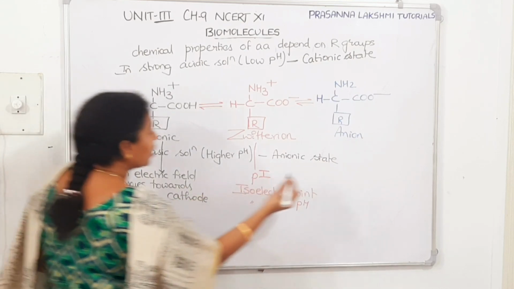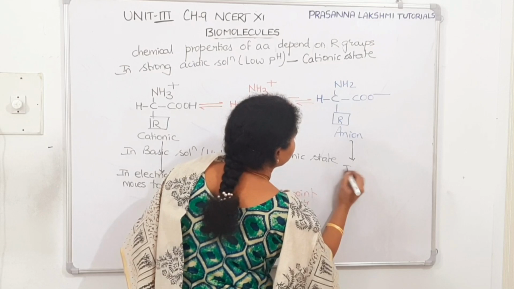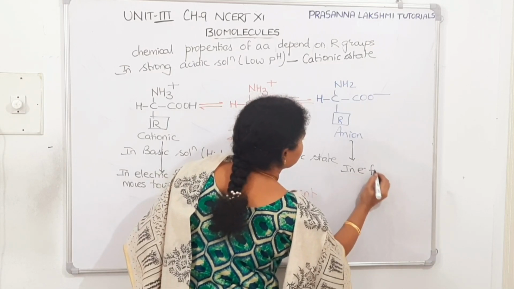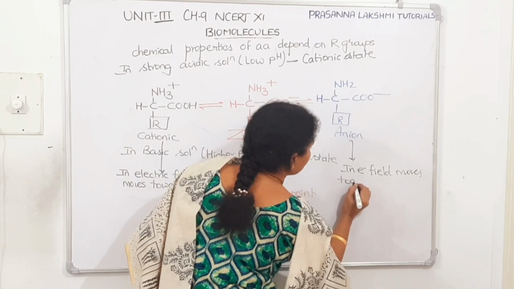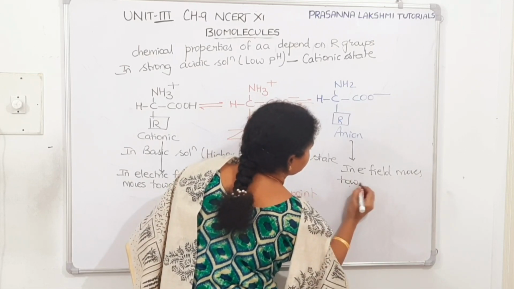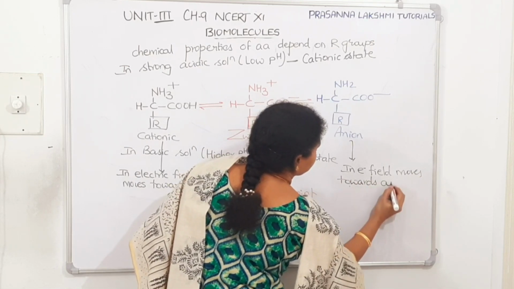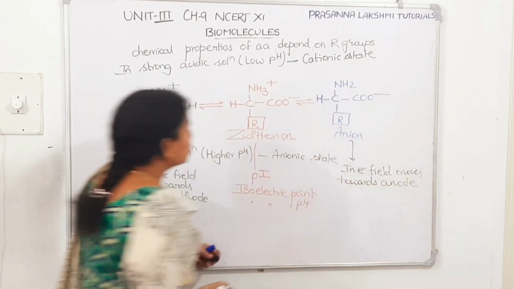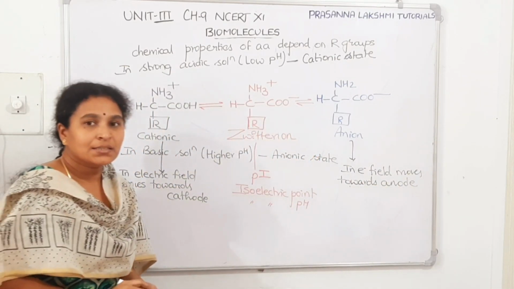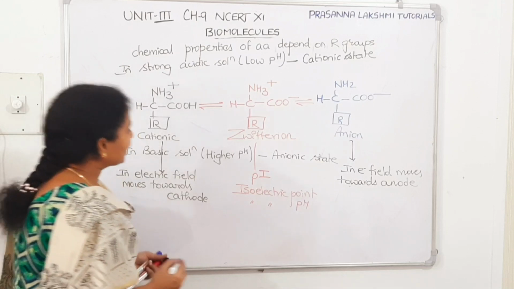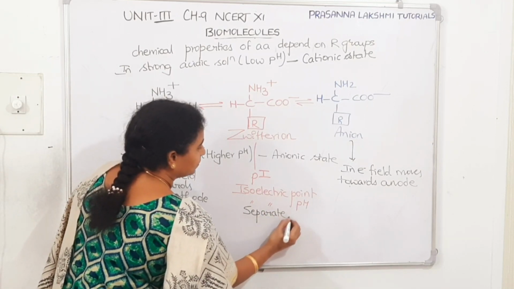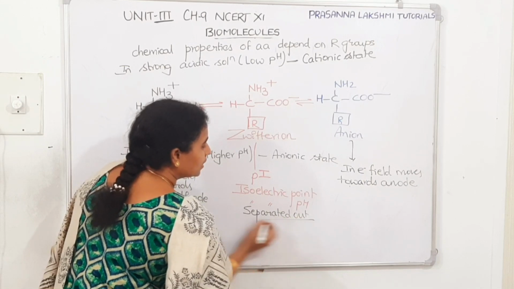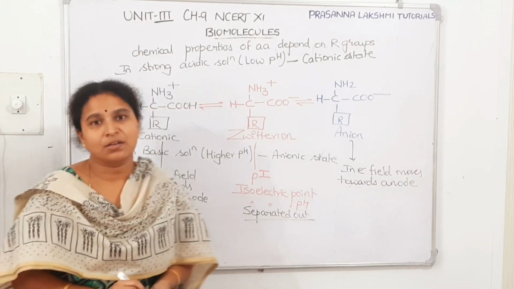If it is anionic in an electric field, it moves towards the anode. Now at its isoelectric point, since the net charge becomes 0, it gets separated out. So all this information is about amino acids.